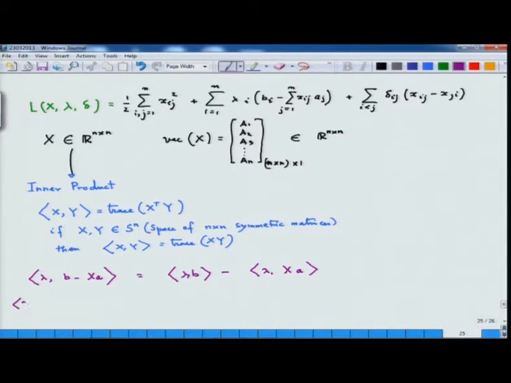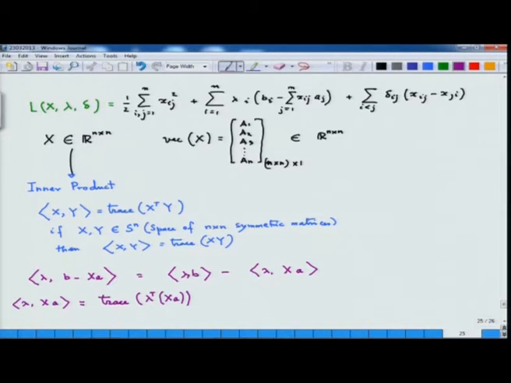Now, look at this expression lambda times X A. This inner product is nothing but the trace of lambda transpose X A. What is the trace of lambda transpose X A?